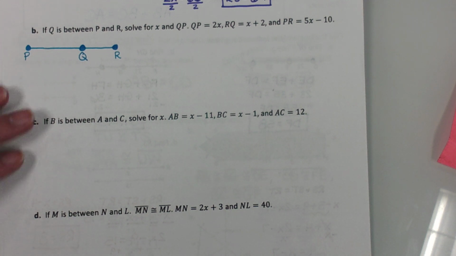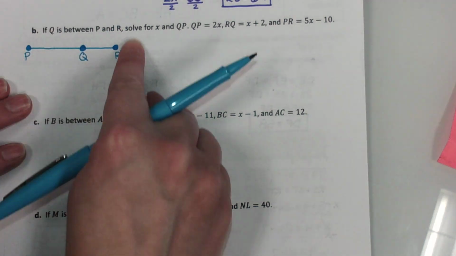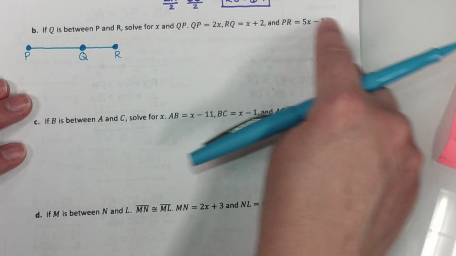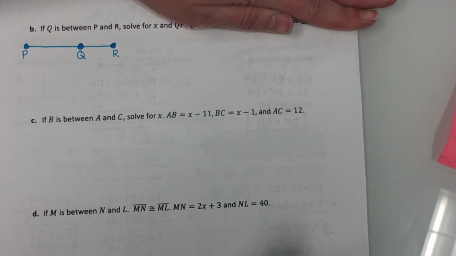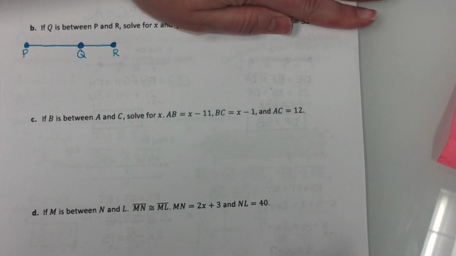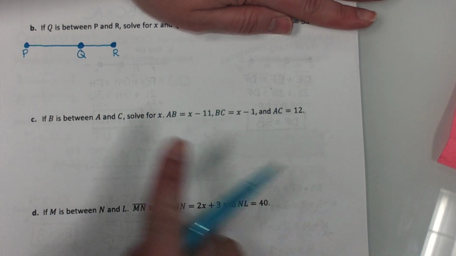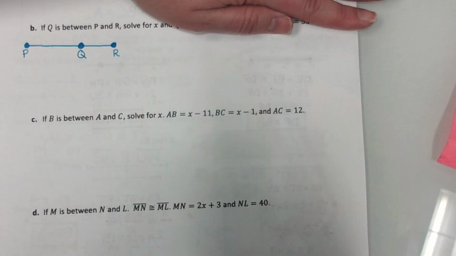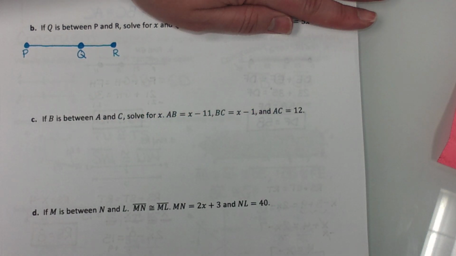Okay. If this is the setup, without even marking any of this stuff on there, if I wanted to do it in letters, which two would be added together? PQ, QR, PR are the three segments. My question confused people, didn't it?